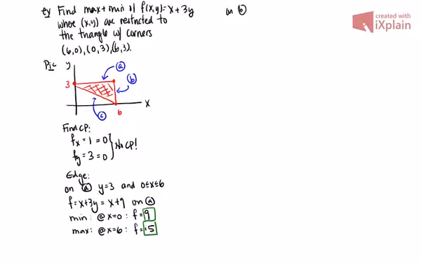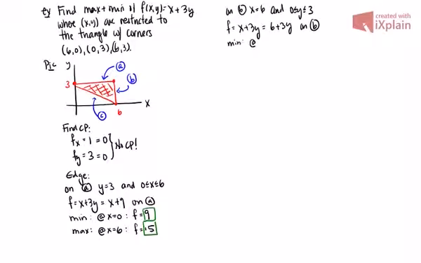So on B, we see that x is 6 and y is between 0 and 3. So then we ask, what's f? f is x plus 3y. x is 6, so this is 6 plus 3y. Again, this is on B, just to reiterate. So what's the minimum?